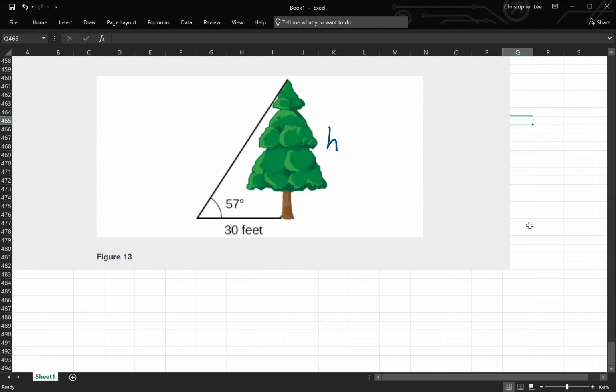Over height. But which one am I doing though? Cosine? All right, cosine of what angle? So let's look. Cosine of 57 degrees is equal to what over what?